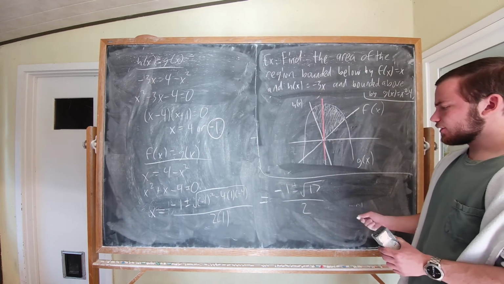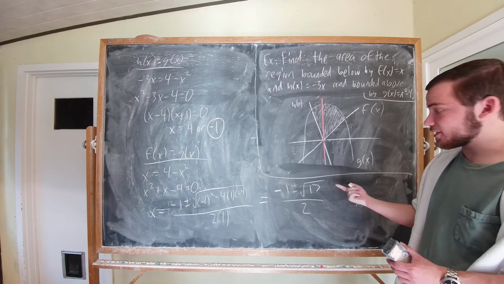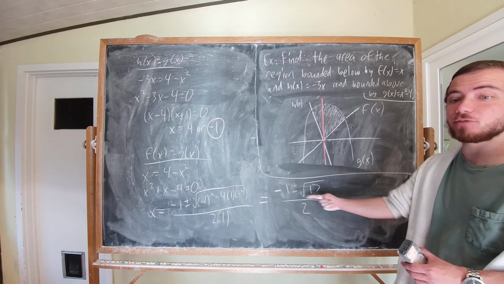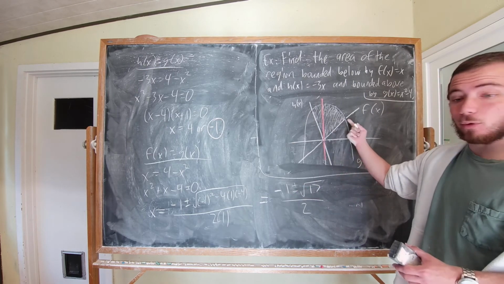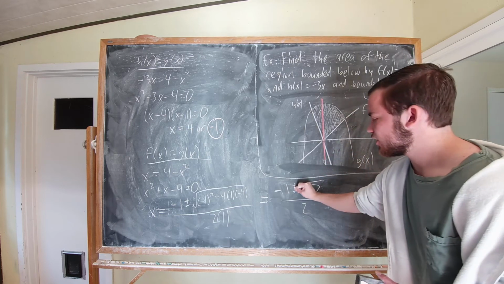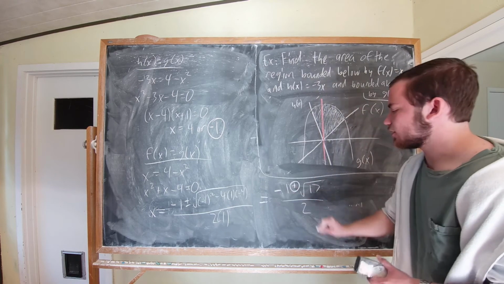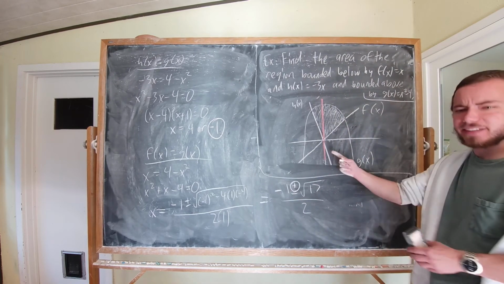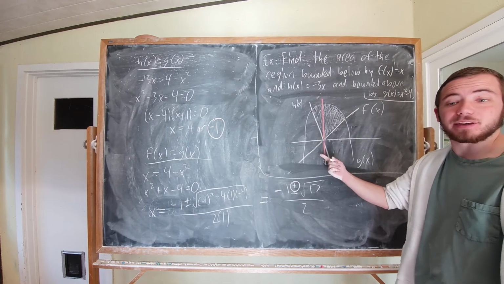Alright, so we're going to choose the positive option, since if we choose the negative one, we'd have a negative number, but we're working with the intersection of f of x and g of x, which is a positive thing, so we choose the positive. Let's label both of these on our graph, and then we can go from there.